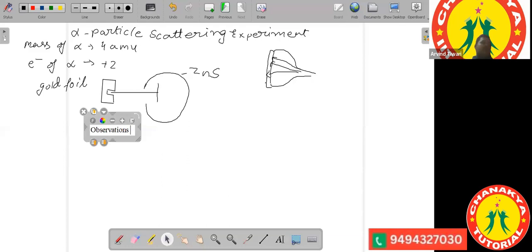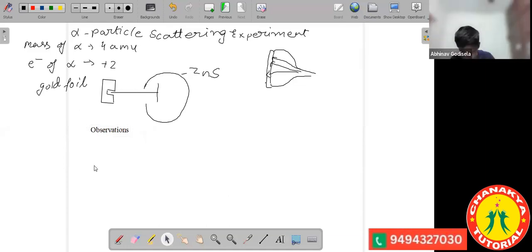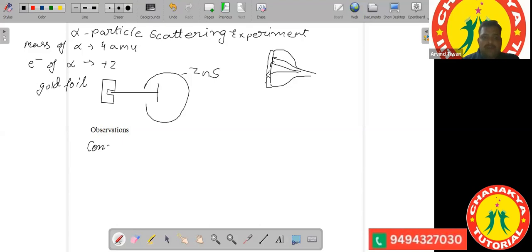So, Abhinav, can you explain to me the conclusions? What were the conclusions of this experiment? Can you explain the conclusions of the alpha particle scattering experiment?